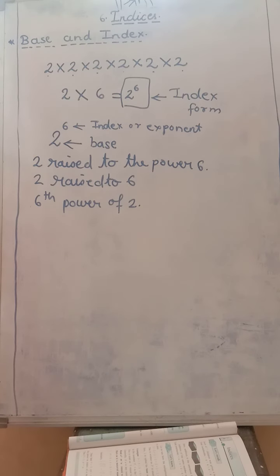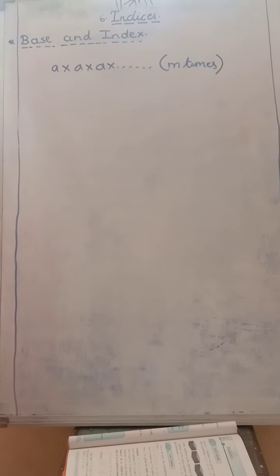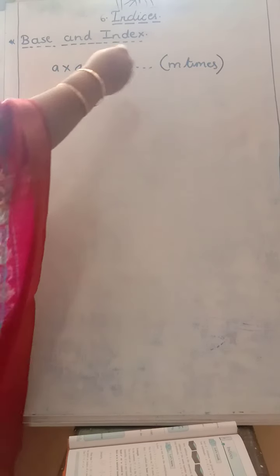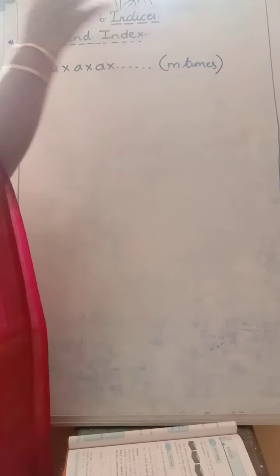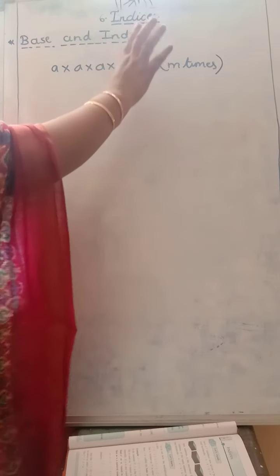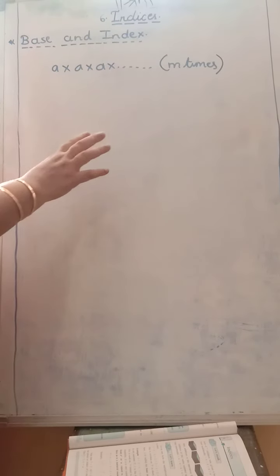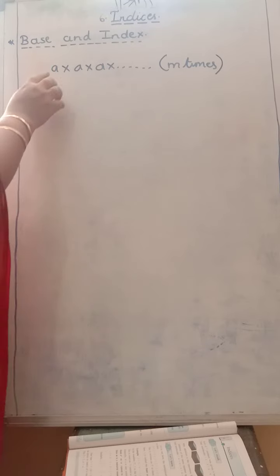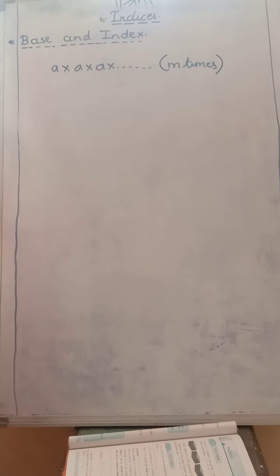Now here we are taking a into a into a into m times, means many times. We are not telling how much time, but we are saying m times. Suppose a is one of the number and m is natural number. Natural number means it will start from 1.